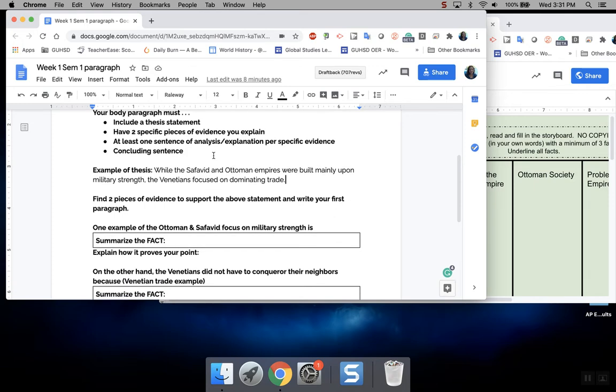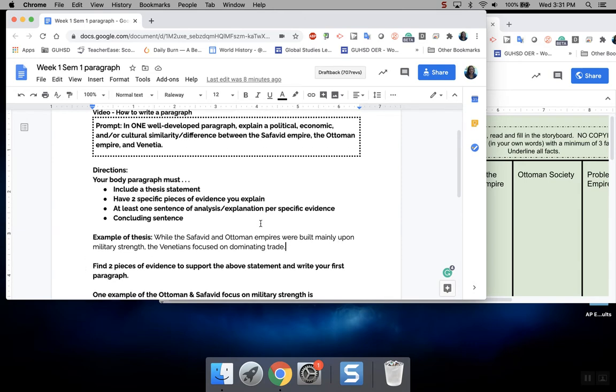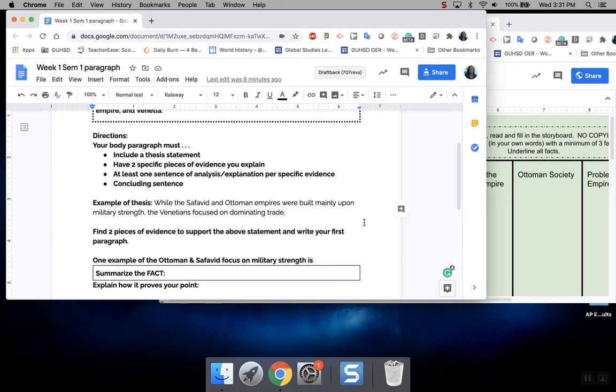So an example of a thesis statement where you're answering the prompt above, I decided to compare economically what was going on and the military in these 2 or 3 empires. So I said, while the Safavid and the Ottoman empires were built mainly upon military strength, the Venetians focused on dominating trade.